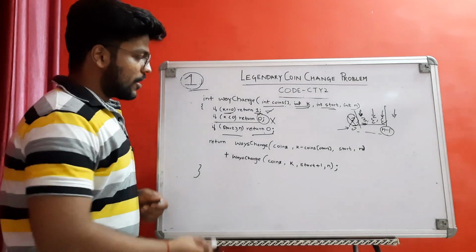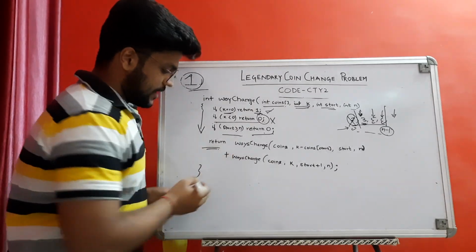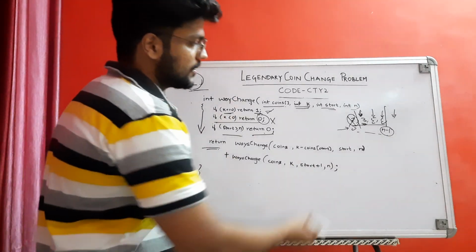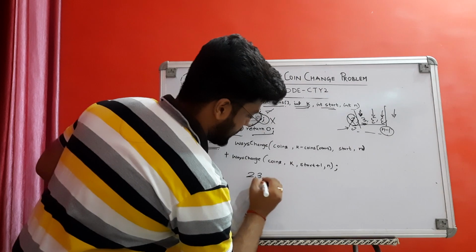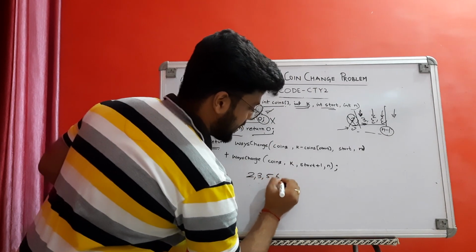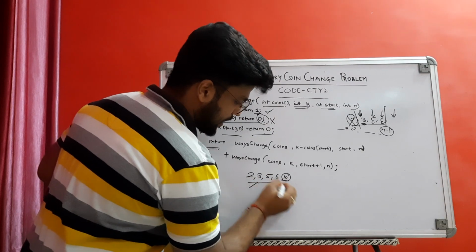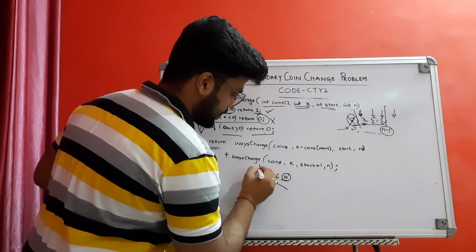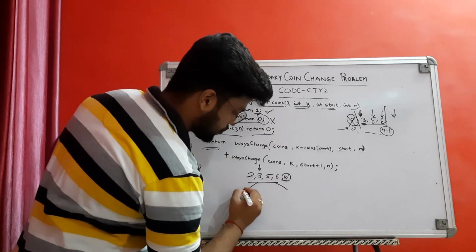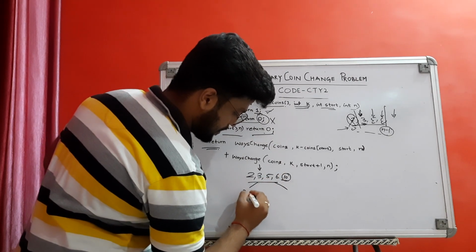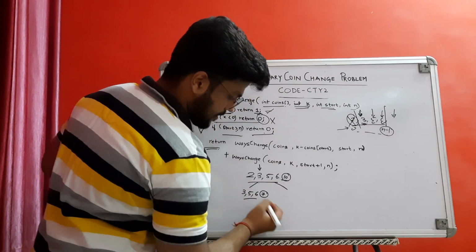Now if you surpass all base conditions, what do you have to return? I have told you, take this example: 2, 3, 5, 6, and you have to make the sum k equal to 10. Either you take, let's say the start pointer is here, 3 as a denomination, so what you will get is 3, 5, 6, and the sum you require now is 7.